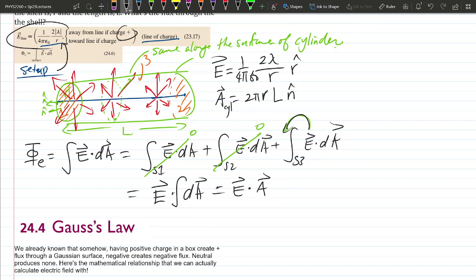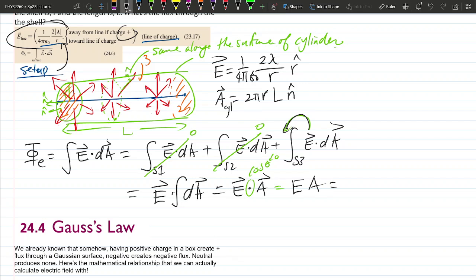Since n hat is pointed in this direction at every point on this surface, n hat also points in the same direction as the electric field. The dot product, you can say the cosine of theta, where theta is 0, just turns out to be the electric field strength times the area of that particular cylinder.